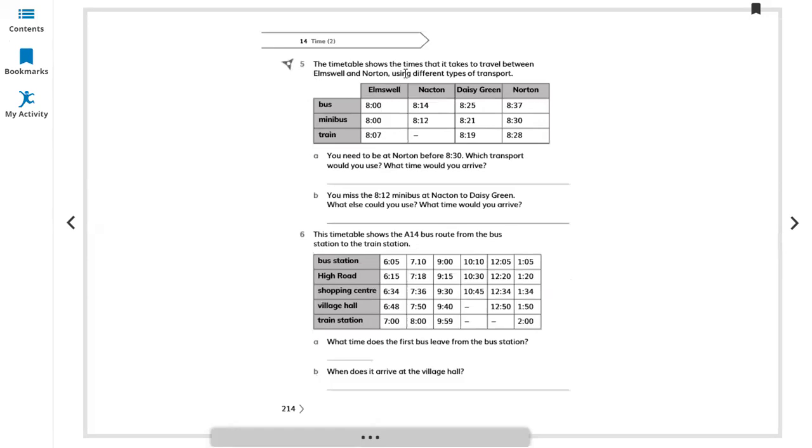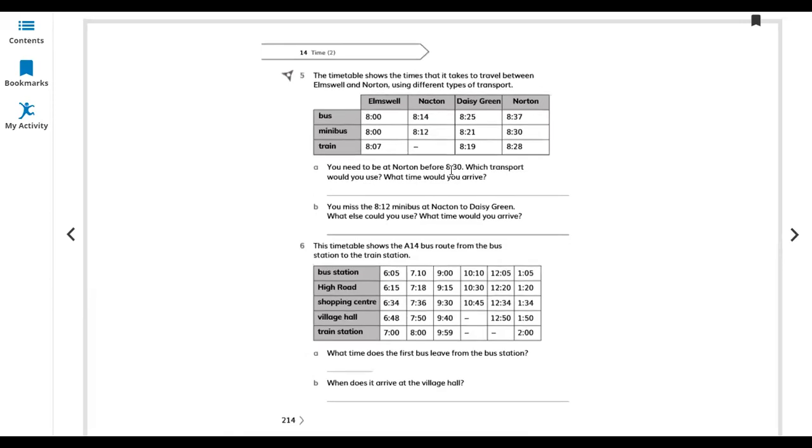Question number 5. The timetables show the times it takes to travel between Amswell and Norton using different types of transport: bus, minibus, train. You need to be at Norton before 8:30. Which transport will you use? What time would you arrive? So we have the time, before 8:30.